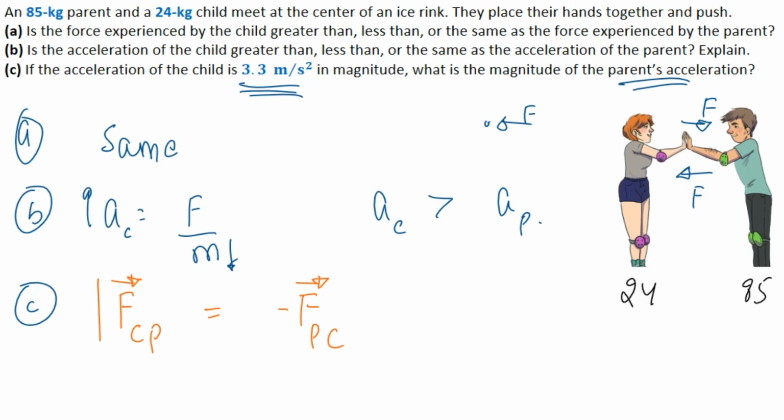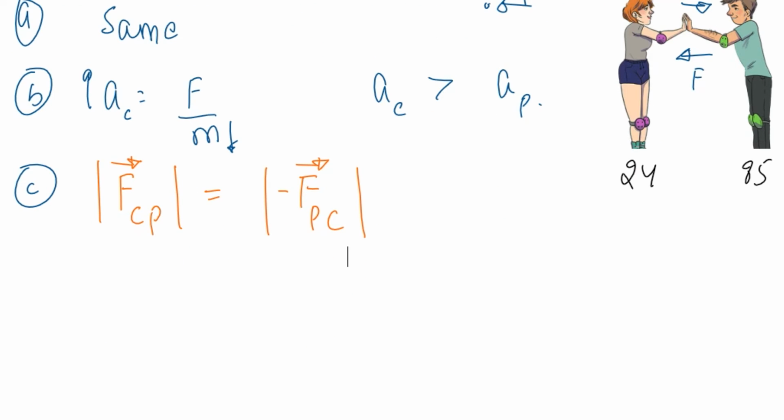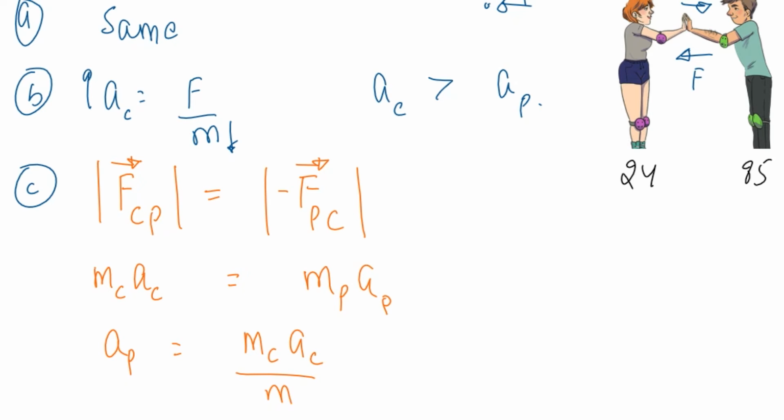If you take the magnitude, it will be the same. So we can write that the mass of child times the acceleration of child is equal to the mass of parent times the acceleration of parent, and from here the acceleration of parent is equal to m_c a_c divided by m_p.